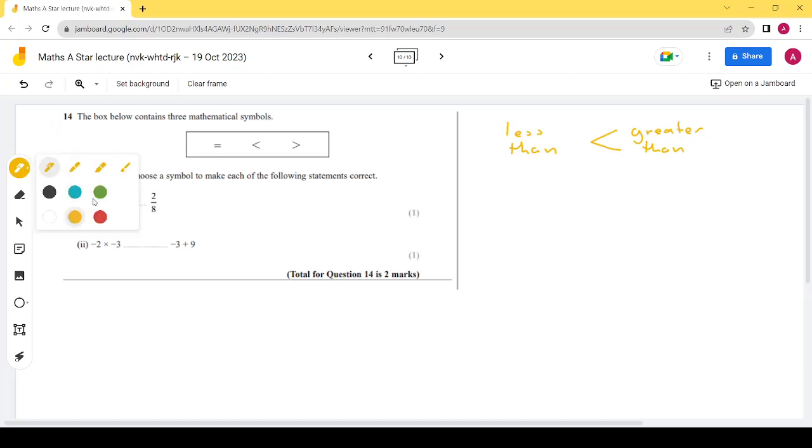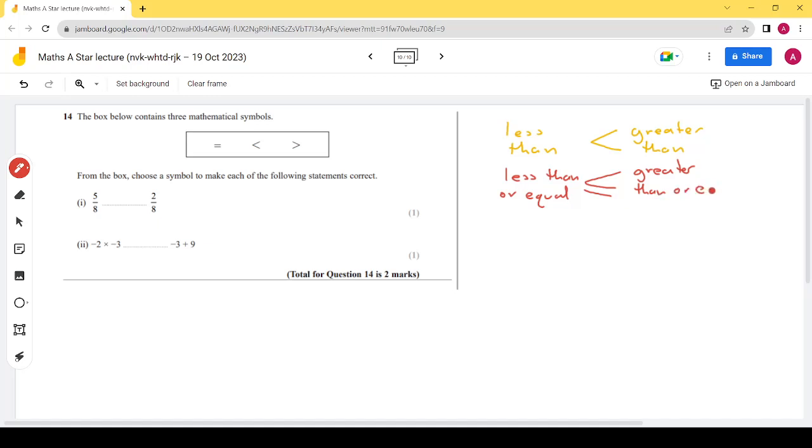And then further on, this isn't in this question, but you could have less than or equal, or you could have greater than or equal. In this case, obviously, we don't have those.